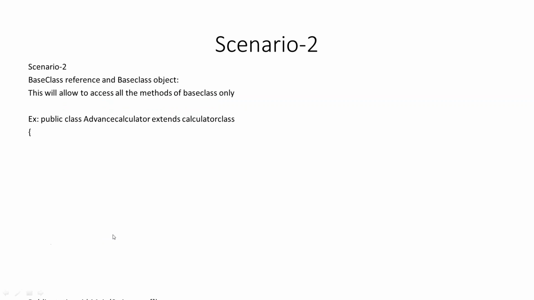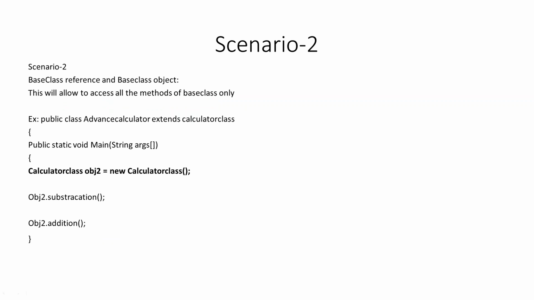Scenario 2 says that if you create only a base class object, you can call only base class methods. You cannot call child class methods, right? That is the meaning of scenario 2.